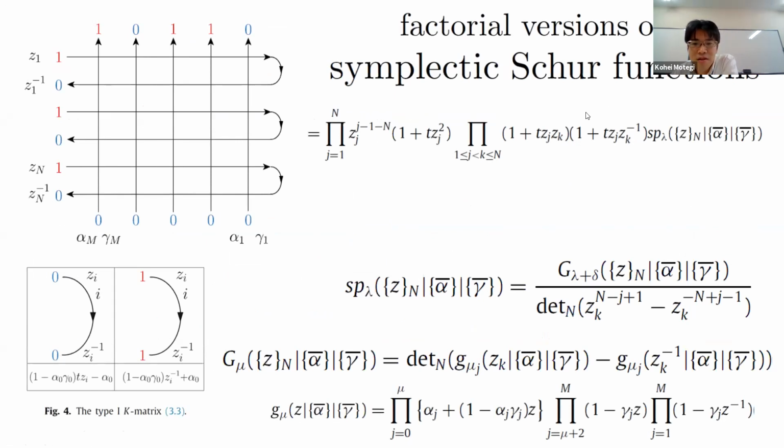So the exact form of this is a product of these overall factors and this symmetric function, which can be regarded as a factorial version of symplectic Schur function.